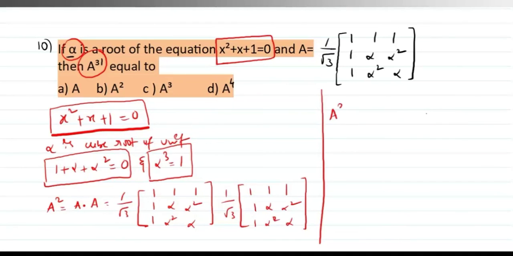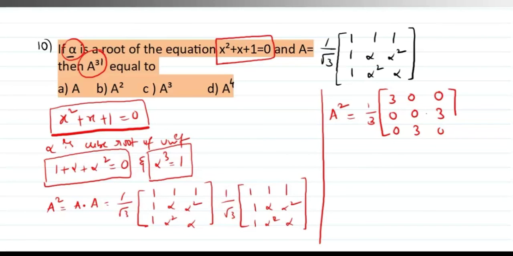So if you do the matrix multiplication, you will get 1 by 3 times of [3 0 0; 0 0 3; 0 3 0].